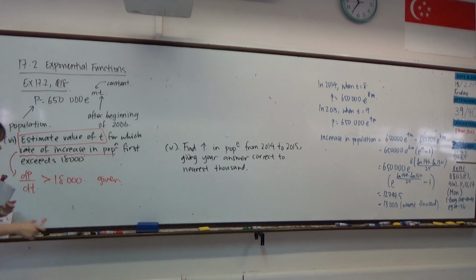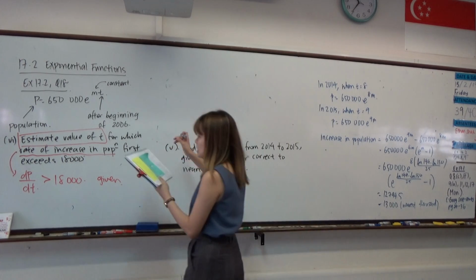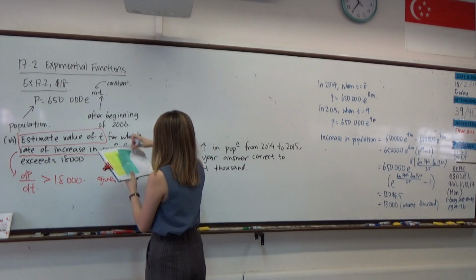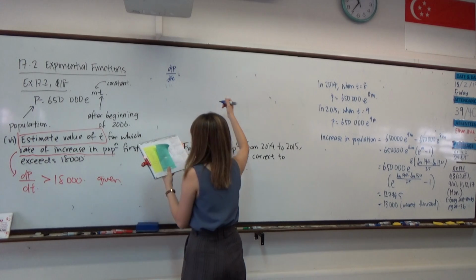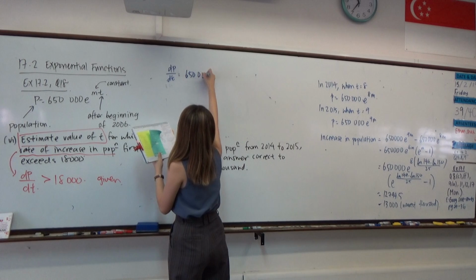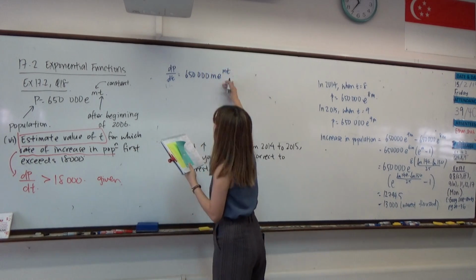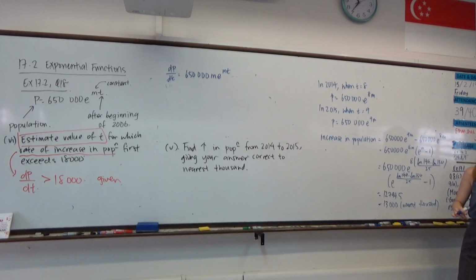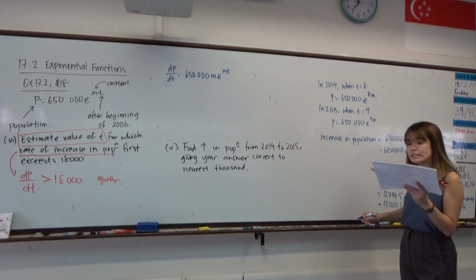So dp over dt, we have already found previously in part 2, which is 650,000 m times e to the power of mt.